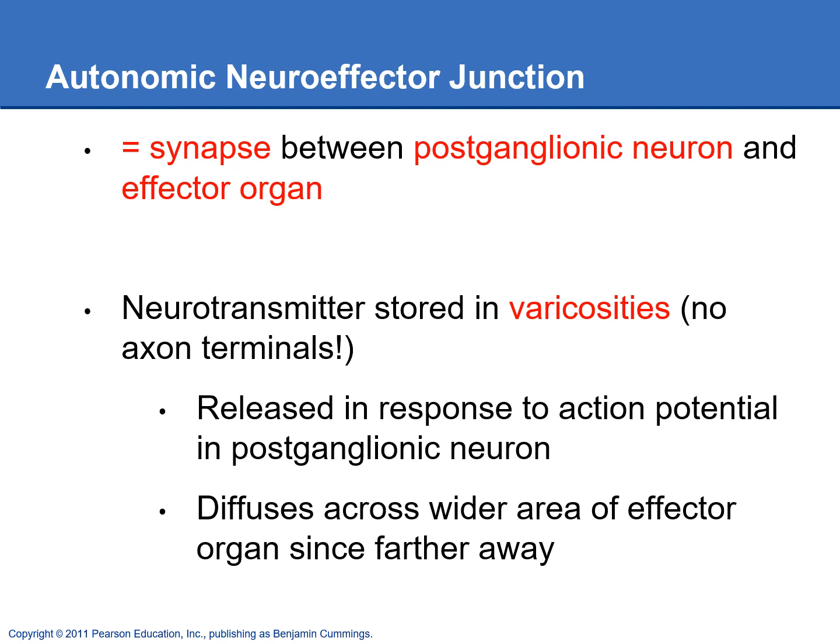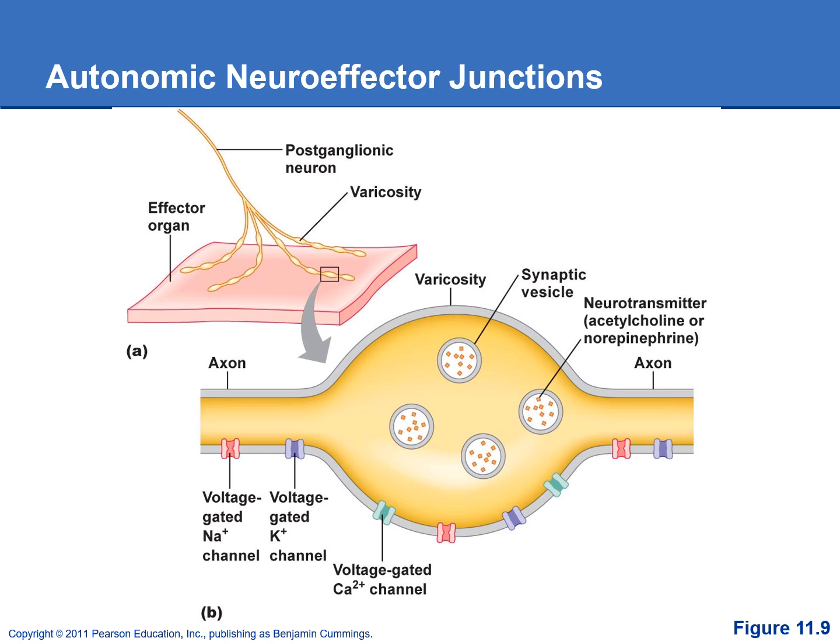So let's take a look at a picture. So the postganglionic autonomic neuron, when it comes into synapse with its target organ, notice that we don't just have an axon terminal, and we do have some collateral axons here, but each of these collateral axons that's branching off here, they each have these swellings, and there's several of these swellings here, and each of these swellings is called a varicosity.